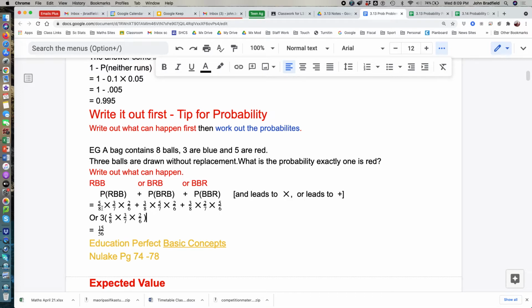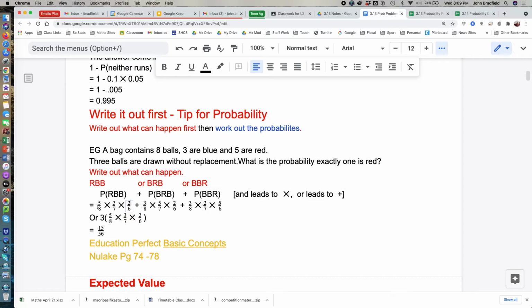You notice that the bottom line is going down because firstly we're selecting from 8 balls, 5 of which are red. Then 1 ball is gone and it's not replaced. So now we're choosing out of 7 and there's 3 blue. And then if 1 blue and 1 red are gone, we're left with 6 balls in total, and 2 of those are blue.